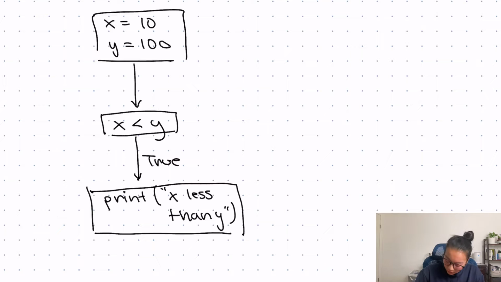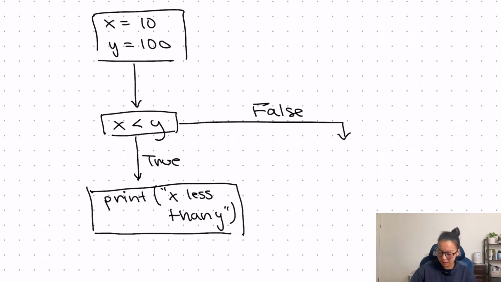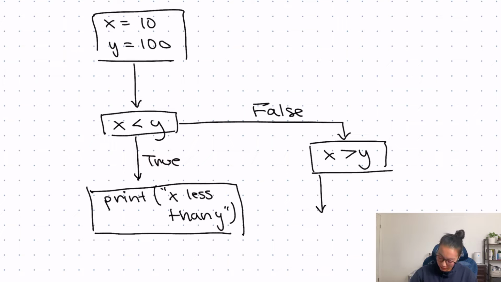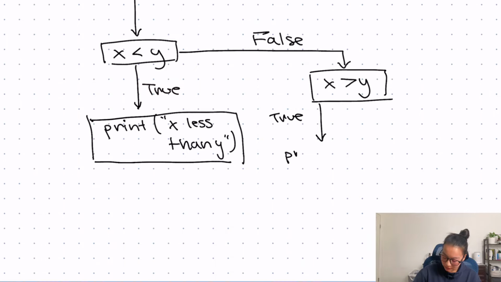But if this is false, then I'm actually going to check, okay, well, is x in that case greater than y? And if x is greater than y, if this is true, then I'm going to print x greater than y.